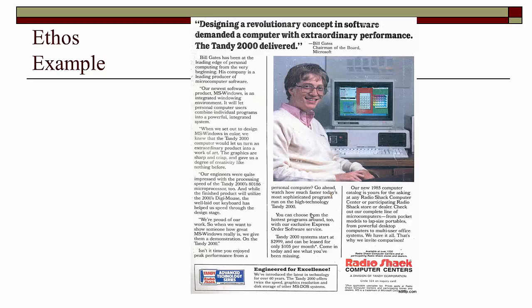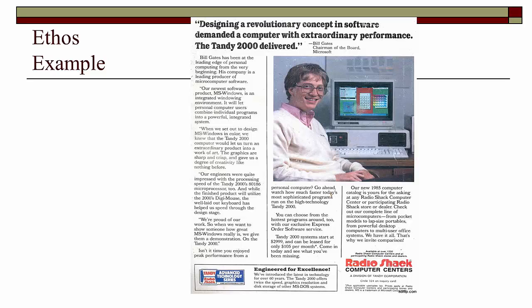At this point in time, Radio Shack would probably absolutely love to get a Bill Gates endorsement of Radio Shack computers. But again, the reason why it's effective is that Bill Gates is somebody, whatever you think about Windows or you think about Bill Gates, he's somebody who probably knows a thing or two about computers. At least that's our sense.